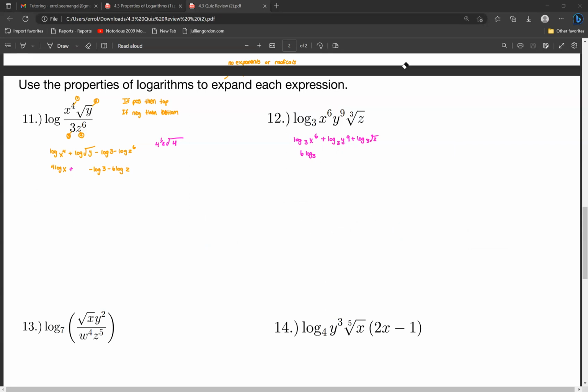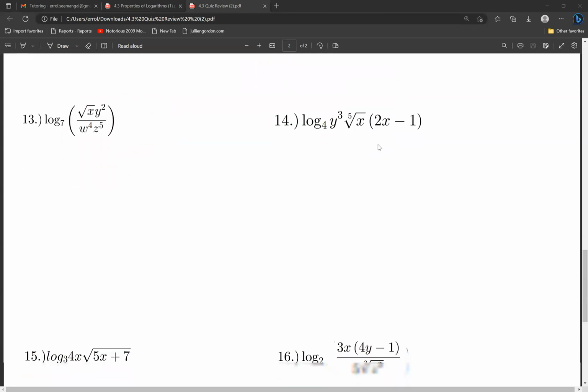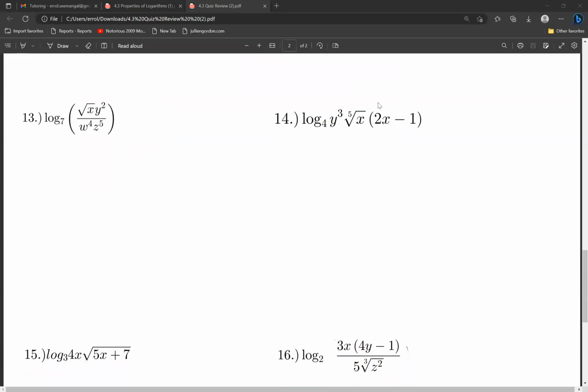Can I try to solve it? Yeah, go ahead. Okay, so when I expand the equation, I think it's going to be 7 log... Okay, never mind.